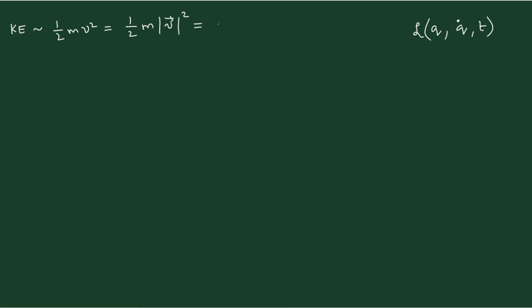So what you have to understand is that if you are going to discuss in different coordinate systems, this has to be expressed differently. So half m into modulus of v square, we can write down as x dot square plus y dot square.